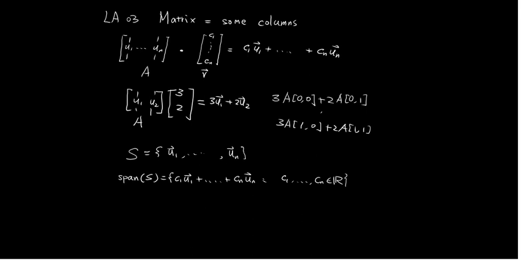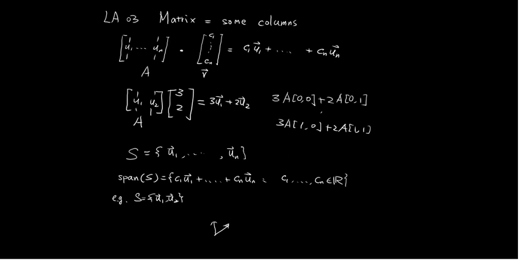So for example, again, you see the picture we had before with the red vector and the green vector. And we can say, for example, S is equal to 2 vectors. Just like this, right?